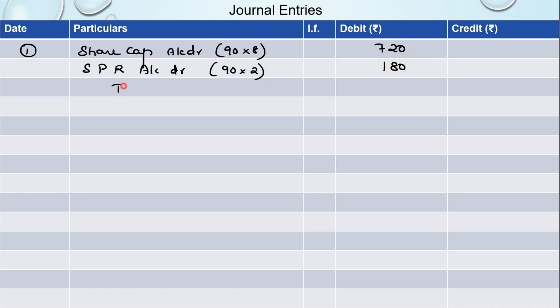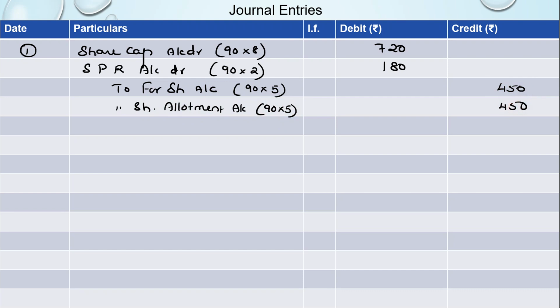So 180. To forfeited share account, or share forfeiture account. What was received? 90 into 5. What was not received? To share allotment account. 90 into 5. So 450, 450. This is the being shares forfeited for non-payment of allotment money.